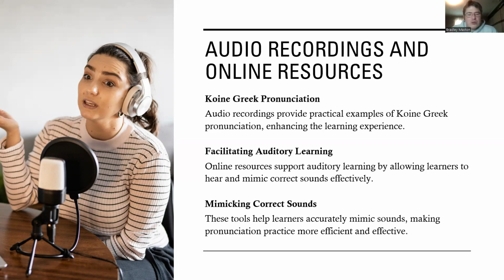Because no one could just read it to her necessarily. Audio recordings for the Koine Greek pronunciation are also available at blueletterbible.com. So if you're questioning a pronunciation, just look up that word, and you'll get an audio file for it on Blue Letter Bible.